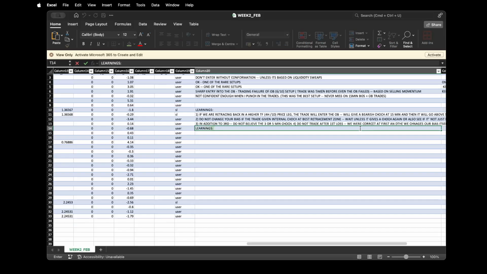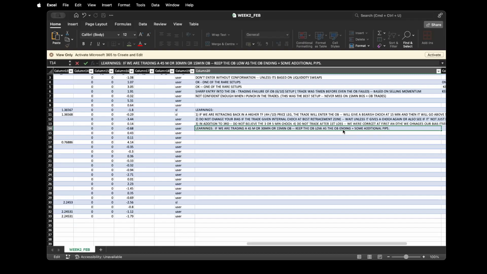So the learning is, if we are trading a 30-minute or 15-minute order block, keep the stop loss low, at the order block ending plus some additional pips.